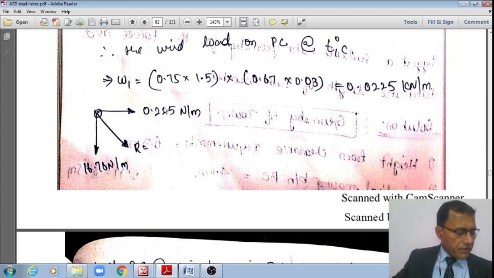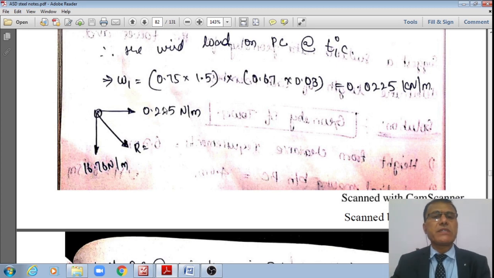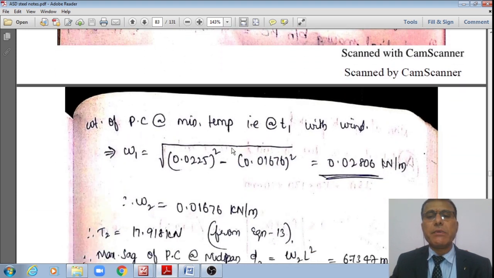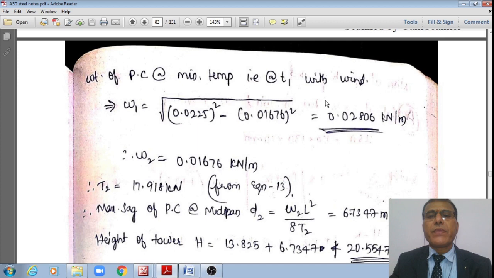However, the self-weight of the power conductor is already given in the problem as 16.76 Newton per meter. Therefore, R is the square root of 22.5 whole square plus 16.76 whole square. That works out the weight of the power conductor at minimum temperature T1 degree centigrade with the wind to be 28.06 Newton per meter or 0.02806 kilonewton per meter.